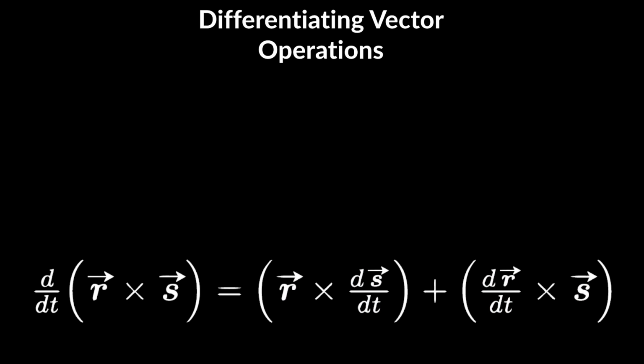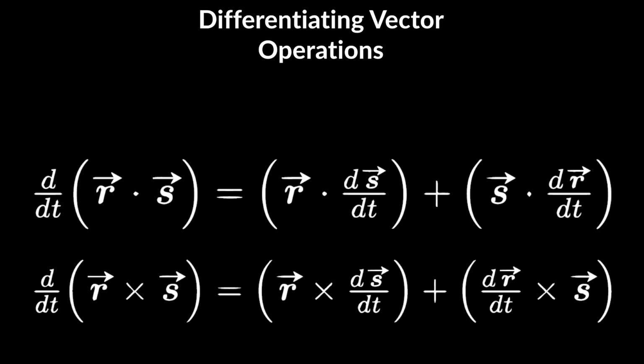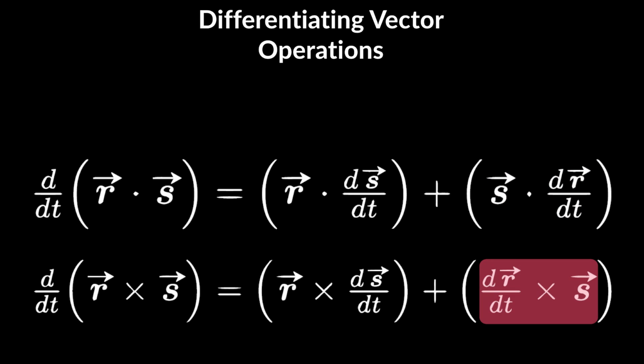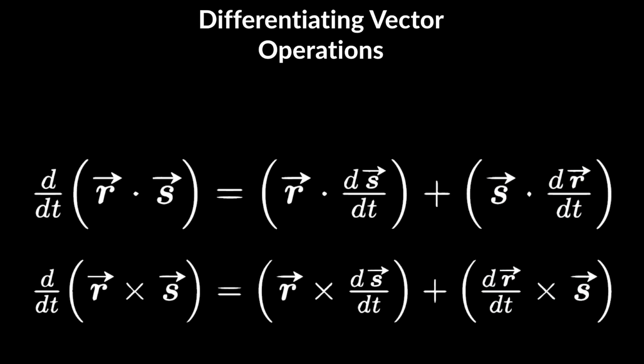So for the cross product, differentiating that order matters. Now if we compare the dot product and the cross product side by side, we see that the order of the terms doesn't matter for the dot product, whereas it does matter for the cross product. And this is the important caveat that you need to remember.